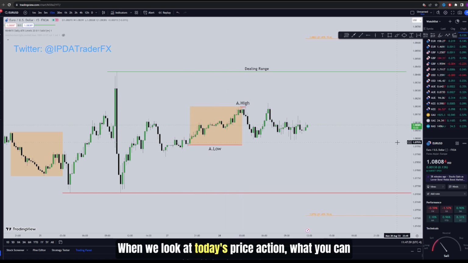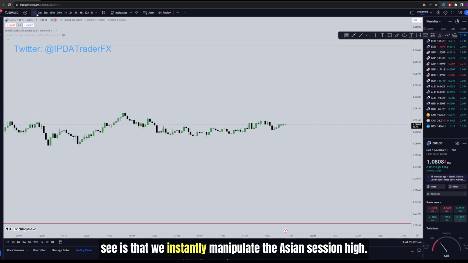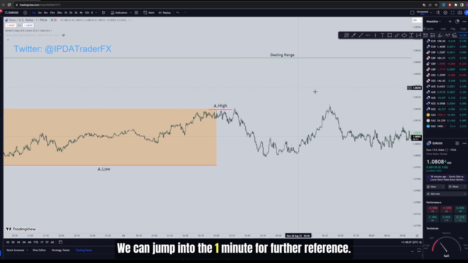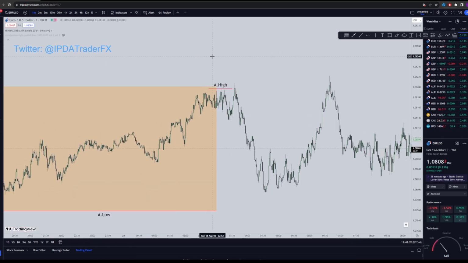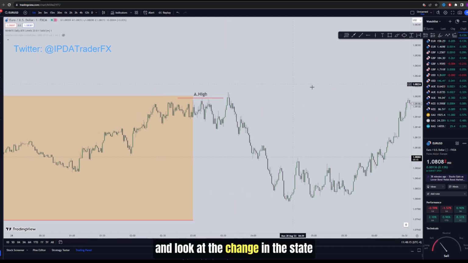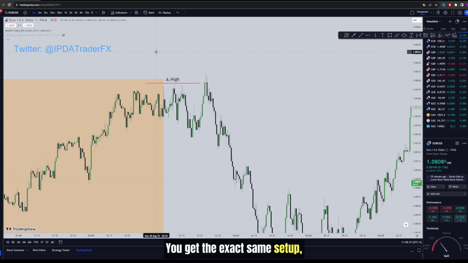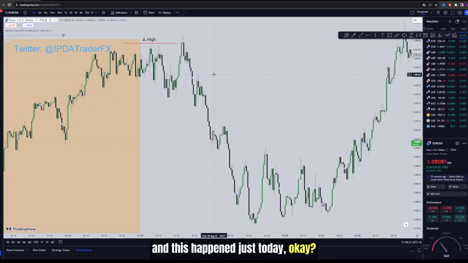When we look at today's price action, what you can see is that we instantly manipulate the Asian session high. We can jump into the 1 minute for further reference. We trade above it here with this move, and look at the change in the state of delivery, which is what I spoke about. You get the exact same setup, and this happened just today, okay?